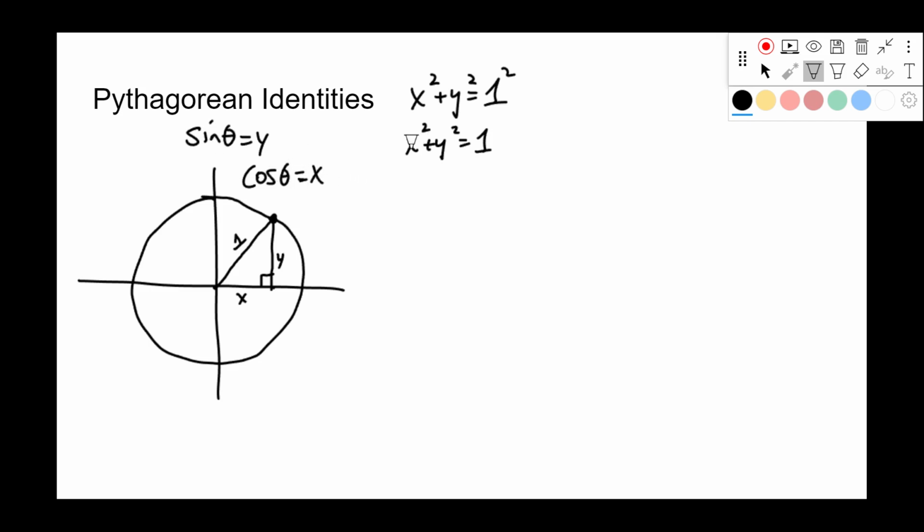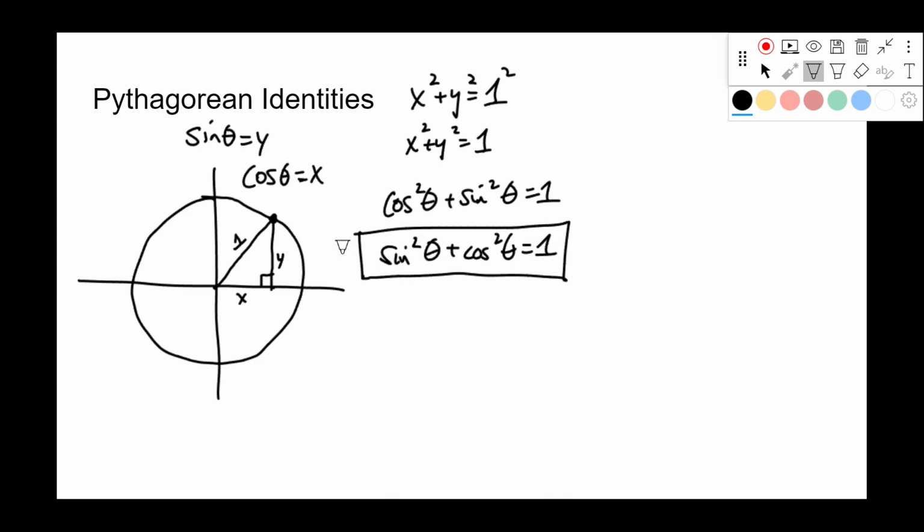So instead of writing x squared plus y squared equals 1, I could literally sub in sine and cosine for x and y, and I could write cosine squared theta plus sine squared theta equals 1, or the way we normally see it, sine squared plus cosine squared equals 1. That is one of the 3 Pythagorean identities, number 1.